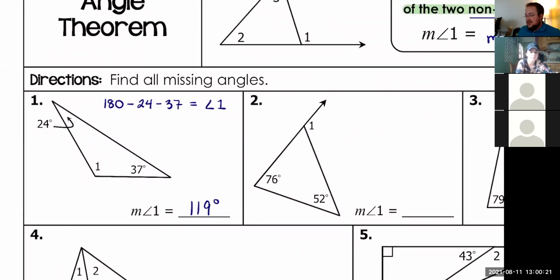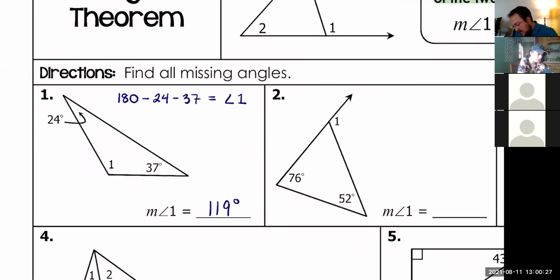Now, hypothetically, I could go a longer route. If I didn't trust the exterior angle theorem, I could add those two together and subtract them from 180. And that would give me this angle measurement. And then I could take that angle measurement and subtract it from 180 to get that one.